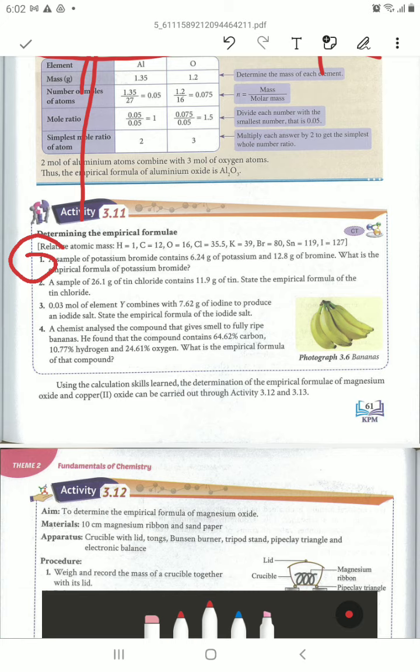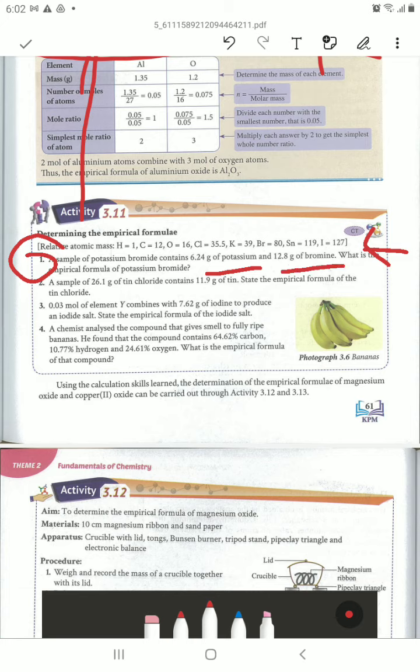What is the empirical formula of potassium bromide? This is the RAM given, H1, C12, O16 and so on. So now we have potassium and bromine.